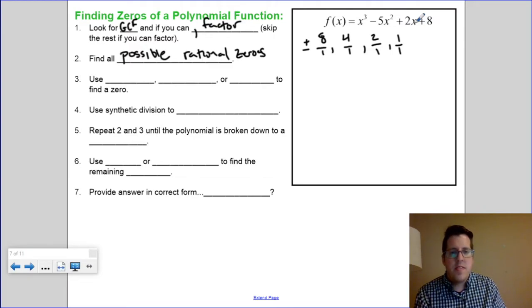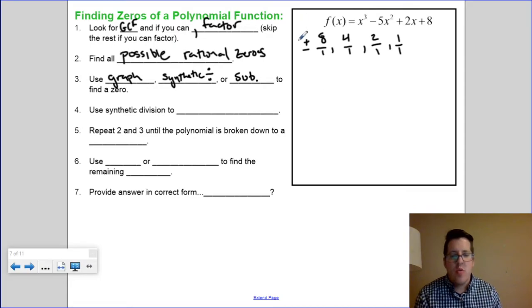So for our problem on the side, I've listed all possible rational zeros, factors of 8 over factors of 1. Then you want to use a graph, synthetic division, or substitution to find a 0, but you probably want to use synthetic division. One thing that's important to remember is that this is a guess and check process.